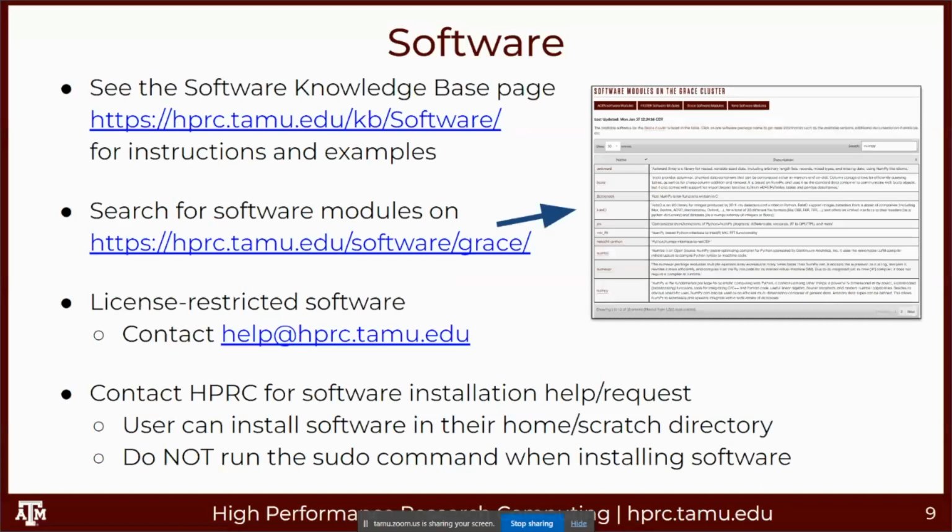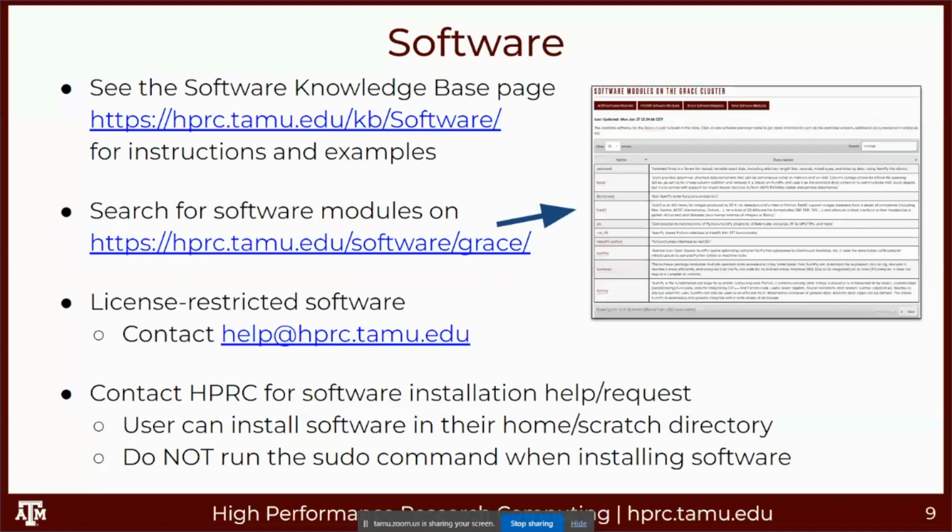Next, we're going to talk about how to access your software on our systems. So the Grace cluster has a lot of different software that you can use for a variety of different research. You can check for instructions on how to use this software on our knowledge base.